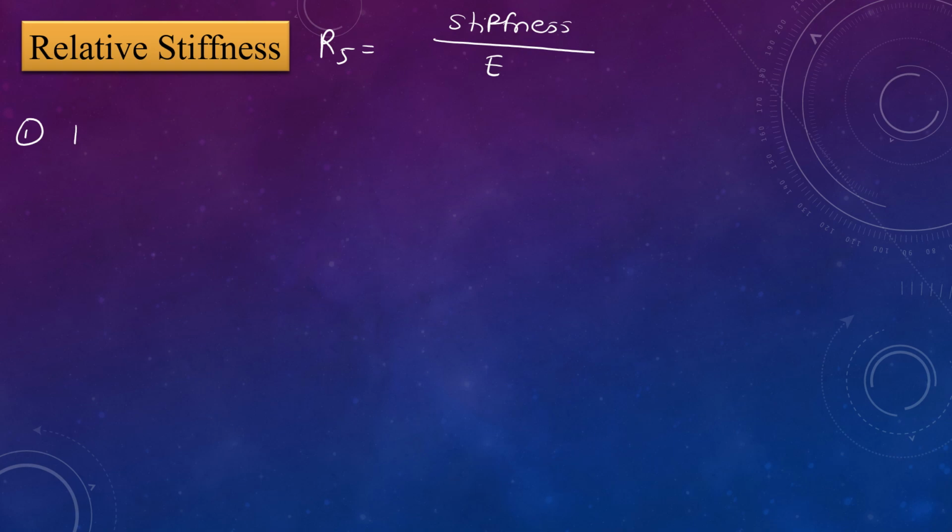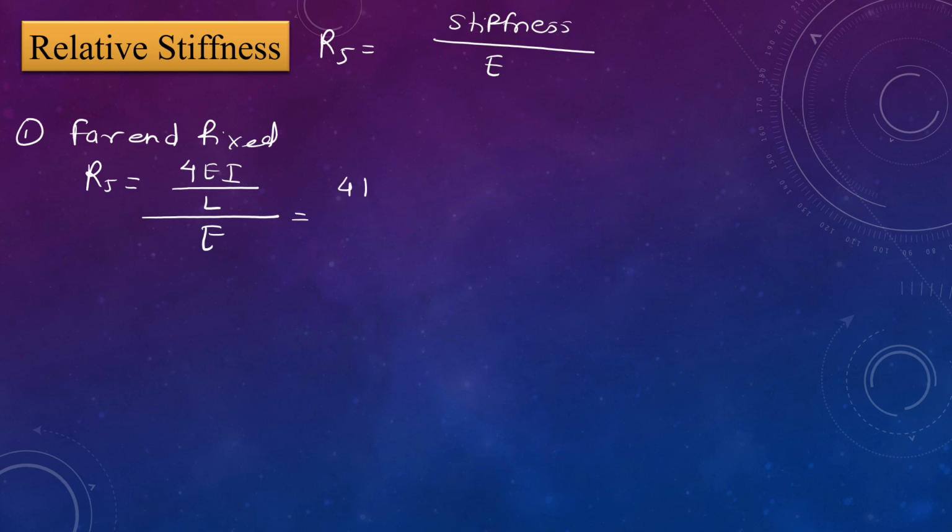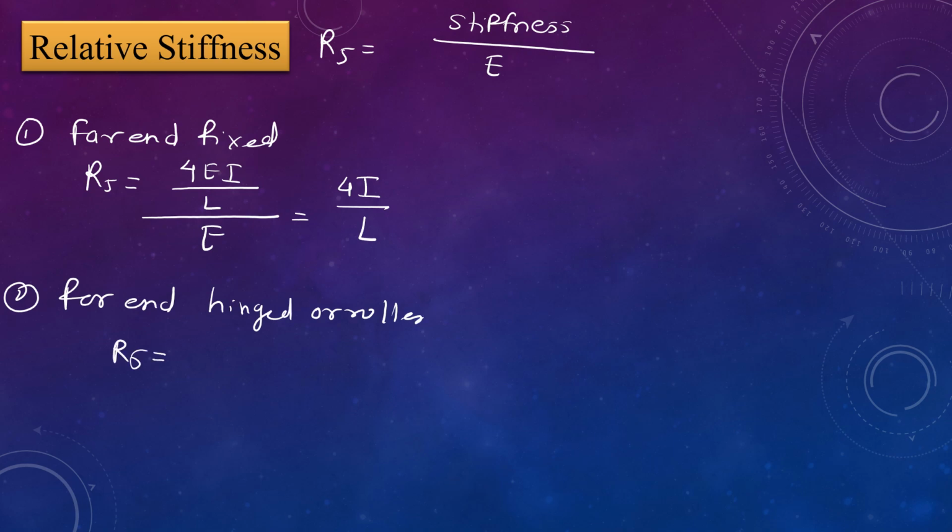In that, first condition, if the far end is fixed, the stiffness is 4 EI by L divided by Young's modulus, so the relative stiffness for a fixed far end is 4I by L. Second, if the far end is hinge or roller, the stiffness is 3 EI by L divided by Young's modulus, giving 3I by L. This is the value of relative stiffness when the far end is roller or hinge.